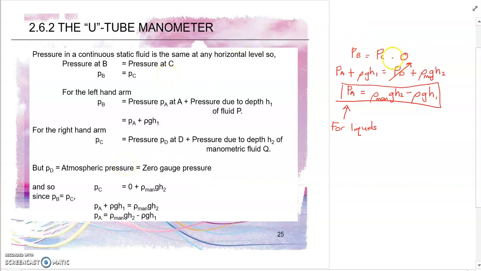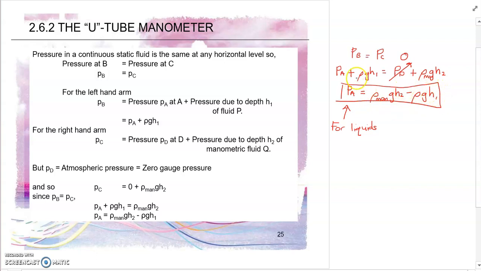So PD equals 0, and we can omit the PD term. Rearranging to get PA, the pressure at A, is equal to rho manometric fluid times G times H2 minus rho GH1.